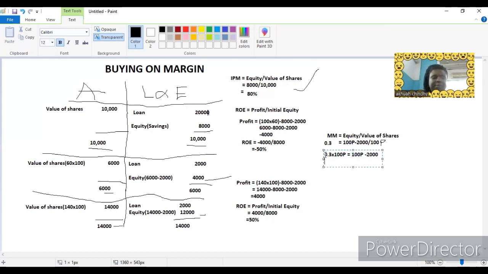Grouping like terms, we have 2,000 is equal to 70P.